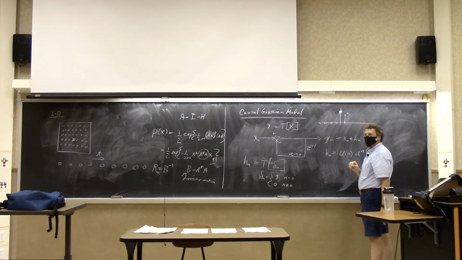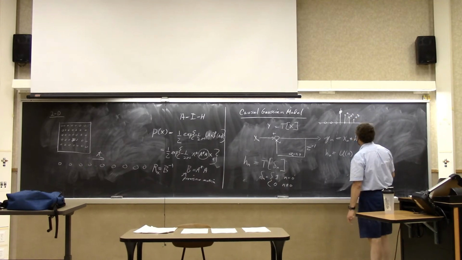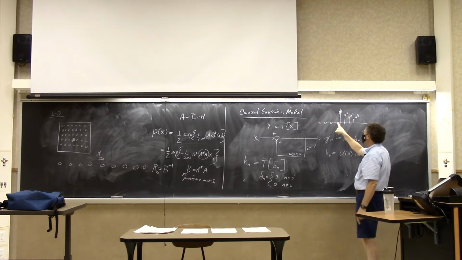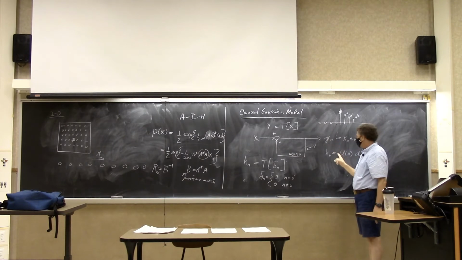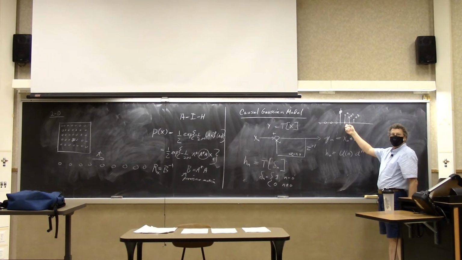And then the second time step, the output I get is a squared. And then this is a cubed. So the impulse response is a to the n, but it's not a to the n for negative values of n. This thing is a step function, which is equal to 1 for n greater than or equal to 0, and 0 for n less than 0, right? So this is the impulse response, okay?